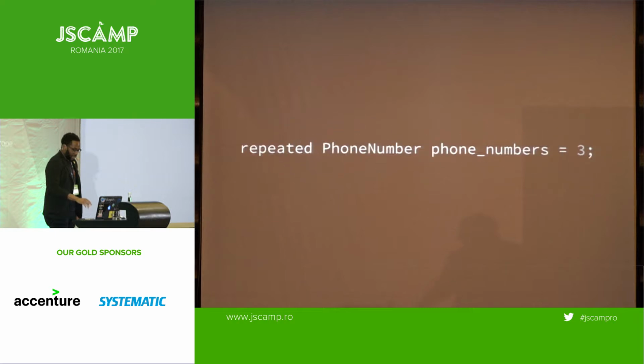Another optional keyword that you can have is repeated. This is called a field rule, and it basically means this is an array of this type. Since some people have multiple phone numbers, a contact is going to have an array of phone numbers to keep track of that. You can reference either the scalar types or another message type.